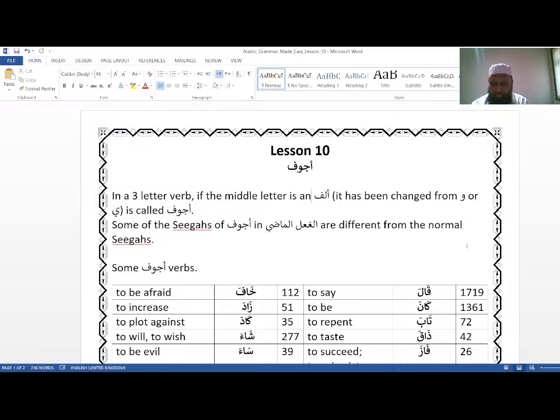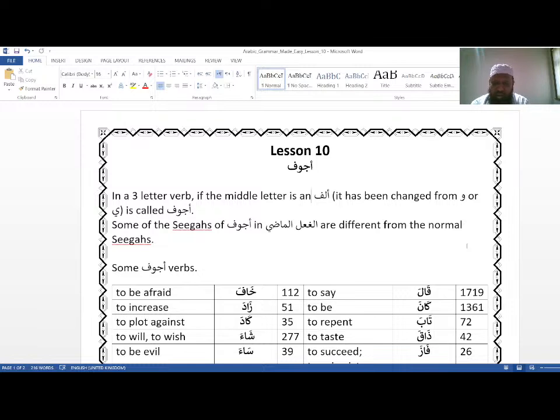Qala, to say. Next, kana. Again, middle letter alif is ajwaf. To be. It comes 1,361 times in the Quran. Not only this siga, but in different sigas, the total is 1,361 times.